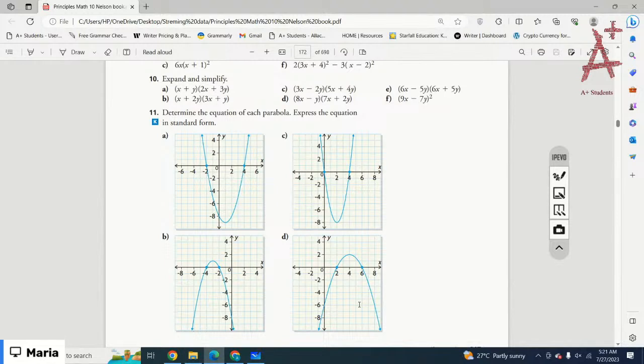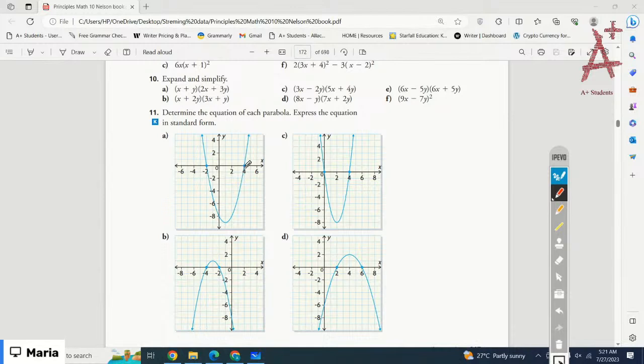Okay, so let's just look at the zeros. Here are the x-intercepts, 4 and negative 2.